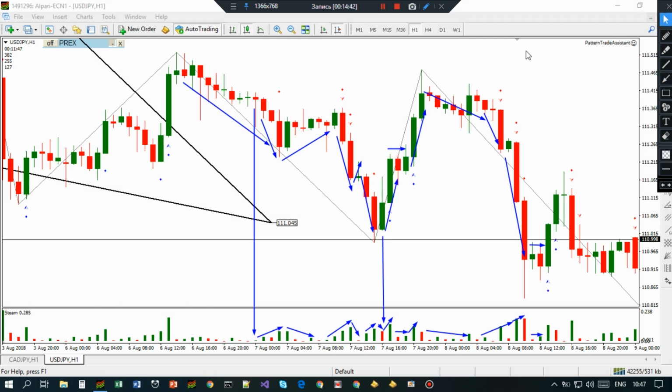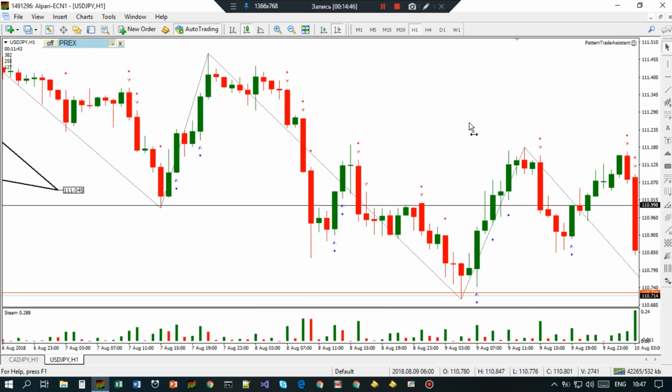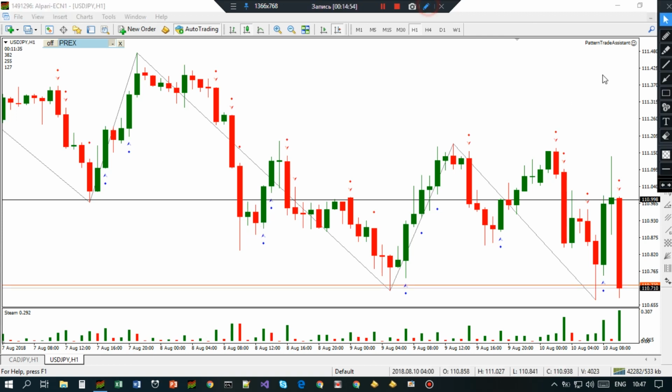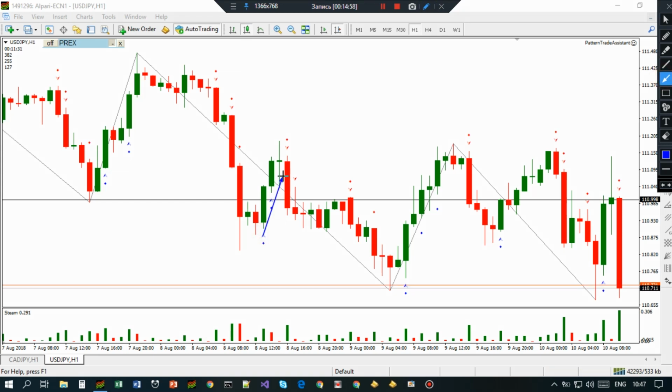And let me disable it. Let me go here. So what we had at this candle, we tried to bounce to the upside. We tried to install an impulse to the upside, but it was not an impulse because momentum was fading.